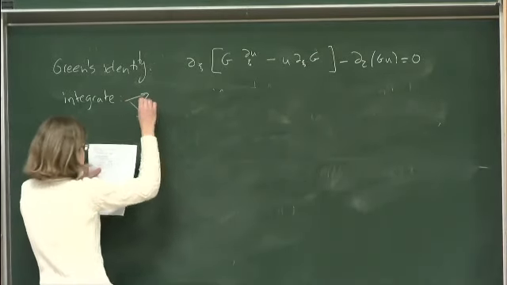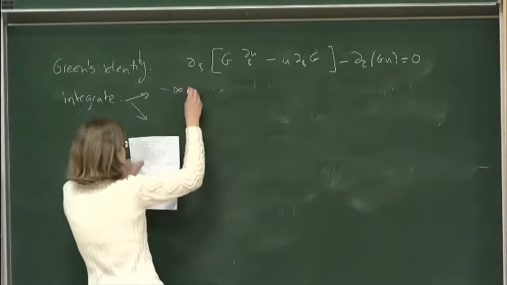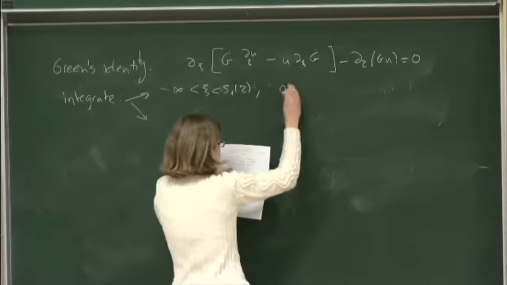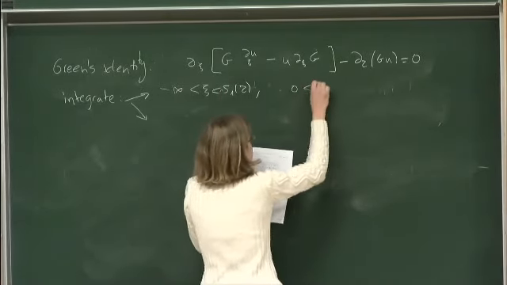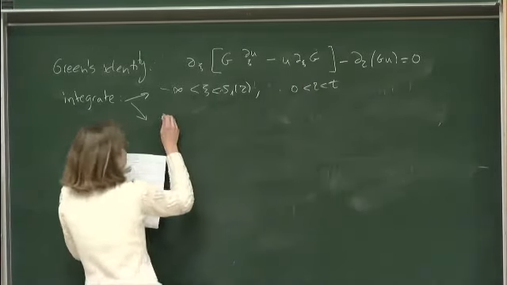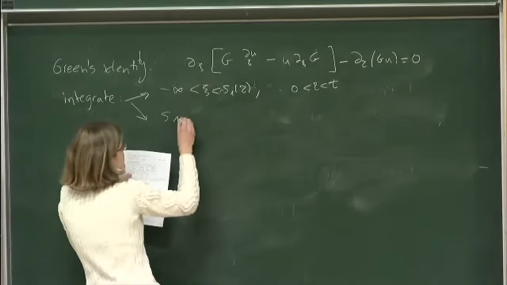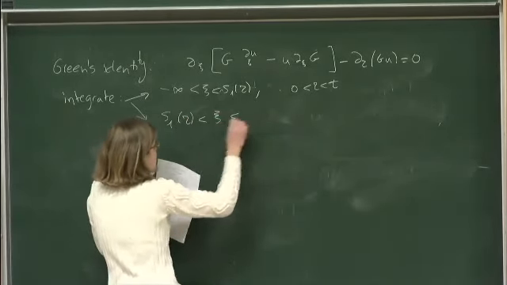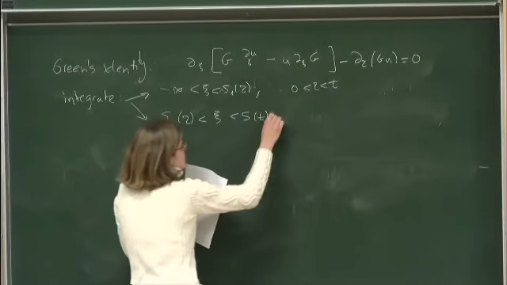The first region is before the delta, 0 less than tau less than t, and the second region is after the delta, up to the free boundary s of t.